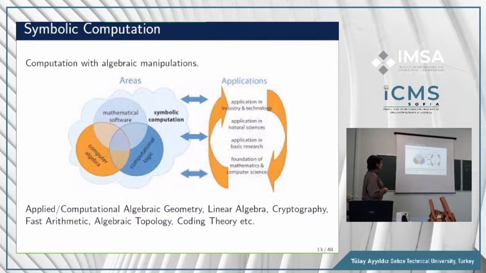Applied or computational algebraic geometry is the part I'm working on, and there are many people in this area. Cryptography is also another research area of mine. I work on some cryptography systems. Fast arithmetic is an interesting area here. And algebraic topology, coding theory, these are the people who work on the computational side of these areas.